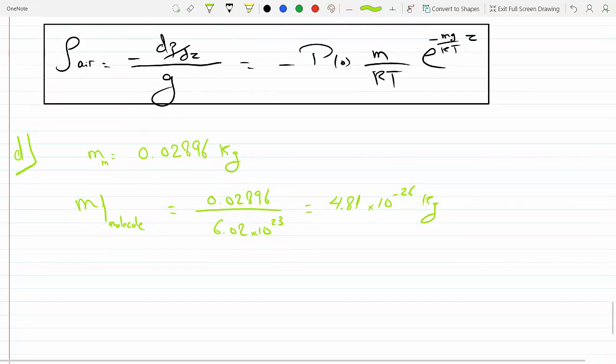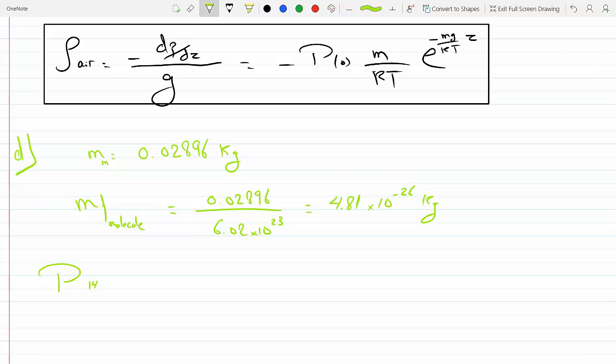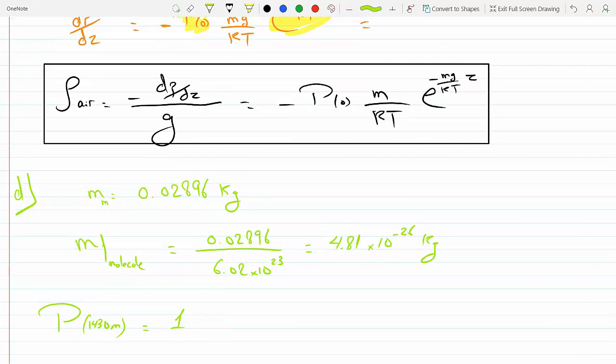Okay, so now I can plug into my formula the pressure at that height. Pressure at 1430 meters is equal to pressure at sea level, which is 1 atm, times the exponential of e.